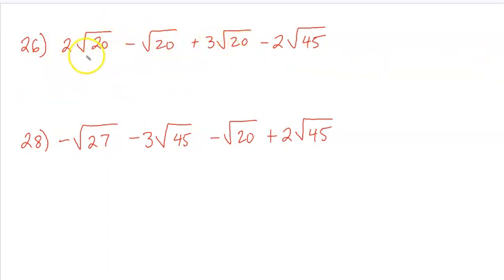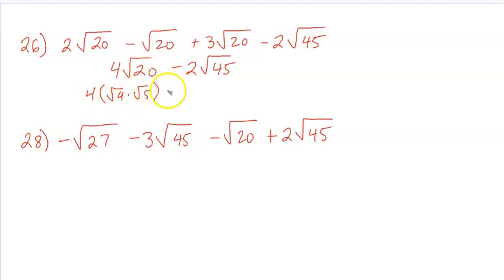These 3 can be put together. So 2 minus 1 is 1, plus 3 is 4. So I can put all those together, and then we just have 2 radicals to simplify. So 4 times the square root of 4 times the square root of 5. That's the square root of 20.